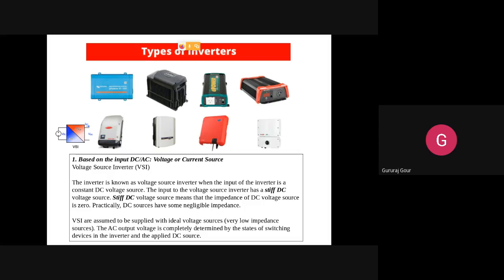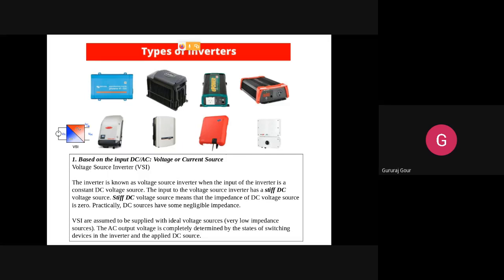So the first type of inverter classification is totally based on what kind of voltage or current as input we are giving, which may be DC or AC.